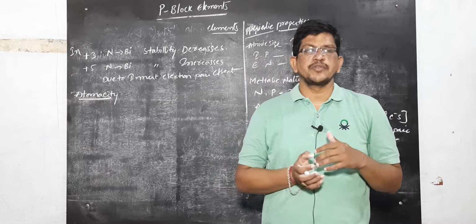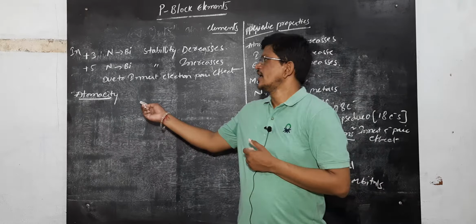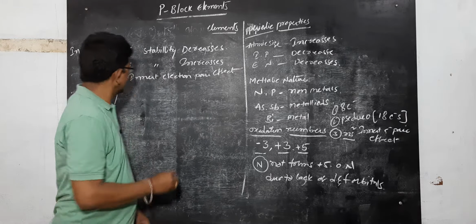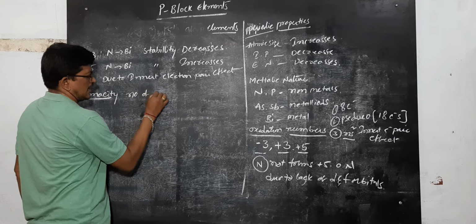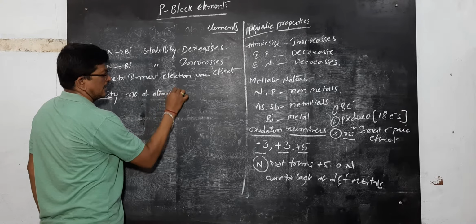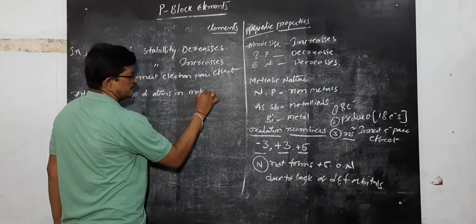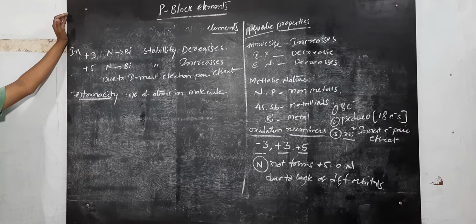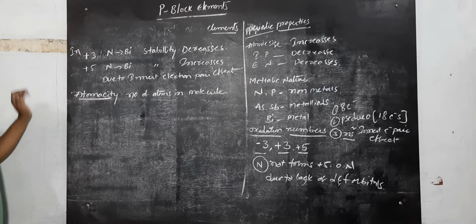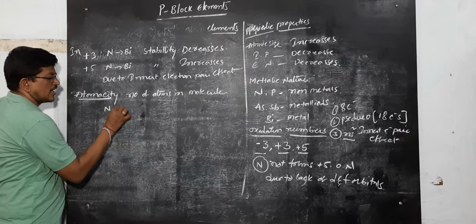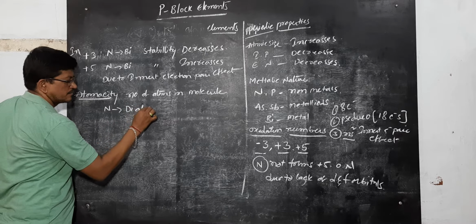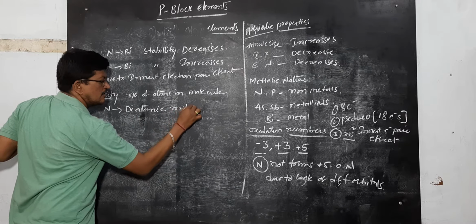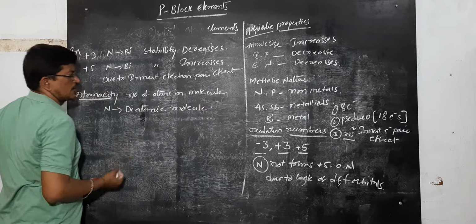The number of atoms in a molecule is called atomicity. So nitrogen is a diatomic molecule, that means it contains only 2 atoms in the nitrogen molecule.